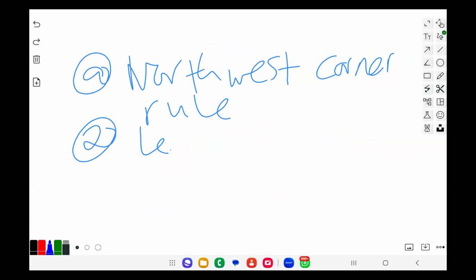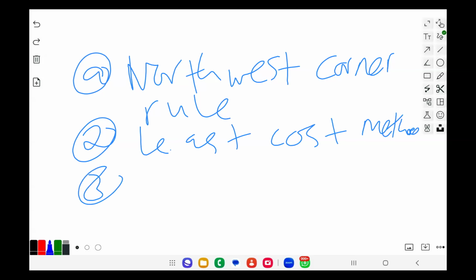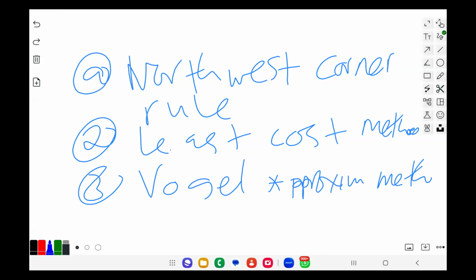Then there is the least cost method, and also you have the VAM, which is the Vogel's Approximation Method. These are the three key ones. These are methods that are used to come up with the initial basic solution, which will later on lead you into optimization.